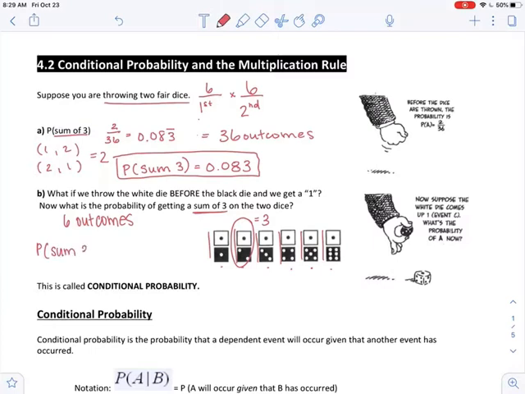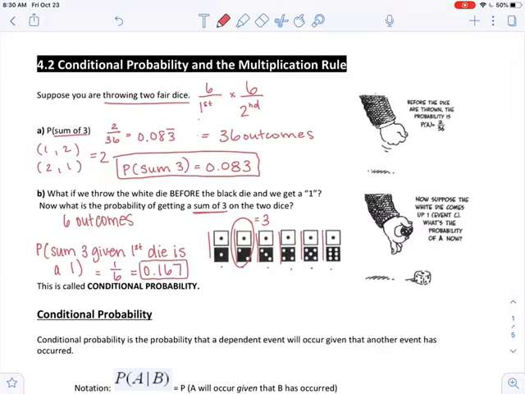So the probability of a sum of 3, given we throw our white die first, is going to be 1 out of 6, because there's only one possible outcome that will work out of the total of 6. You plug that into your calculator and you get about 0.167.